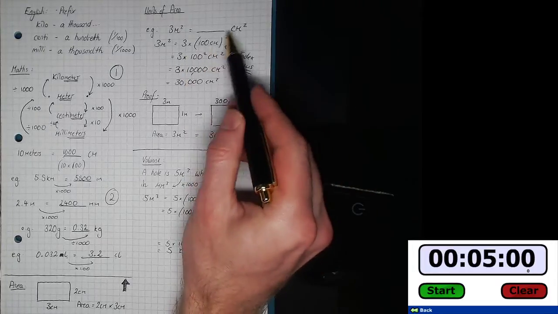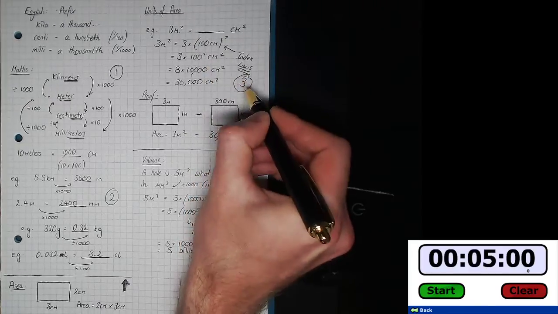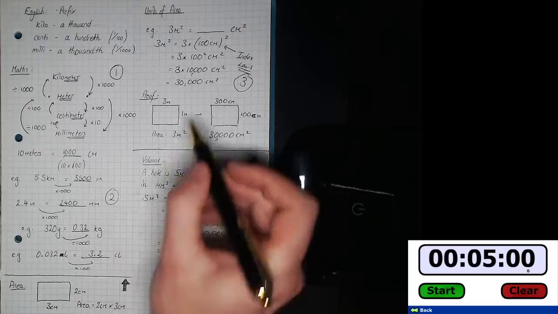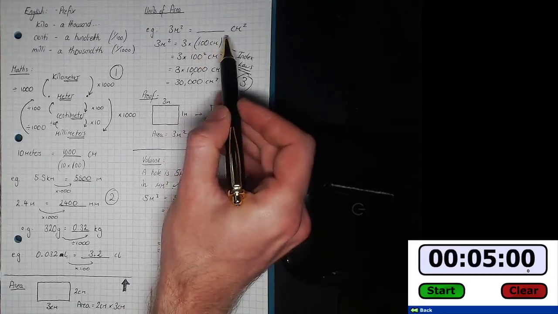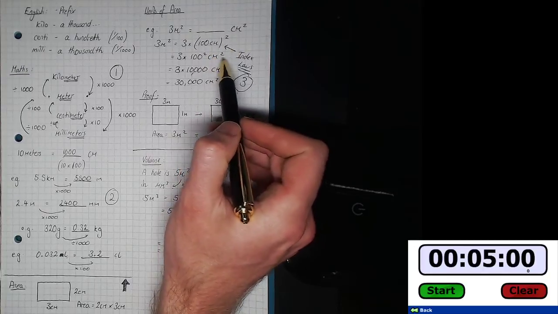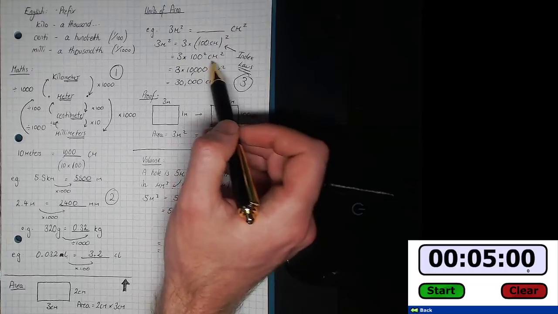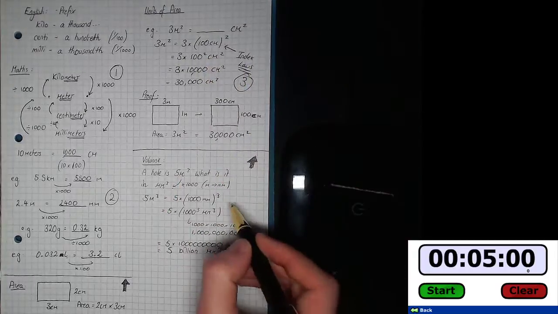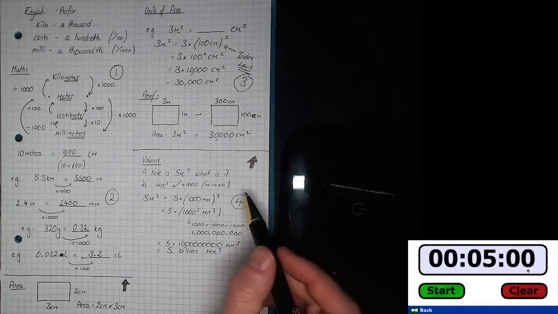Knowing your index laws will help with that, but as a shortcut you can just say, if I've got a bracket squared, then everything in that bracket should get squared if they're multiplied together like we have here. And then this, the very end, is where I would look to finish off.